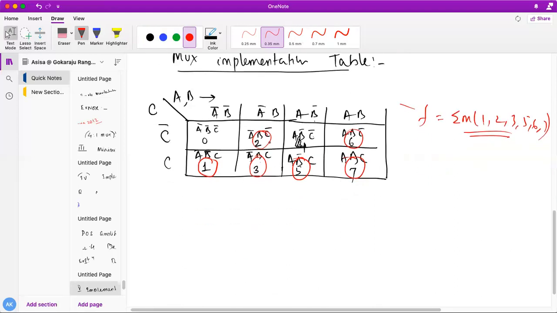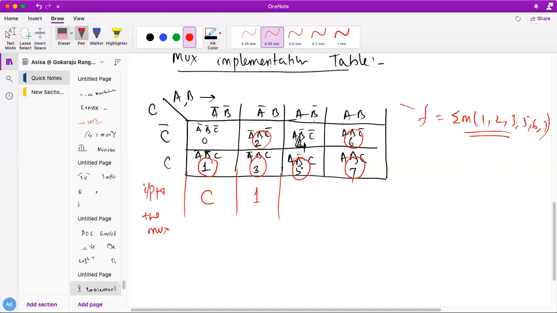Next, after that you have to find out the input to the mux. If only one is circled, I have told you what you need to do: the corresponding input is in terms of C, actually C. And if both are circled, the answer is 1.